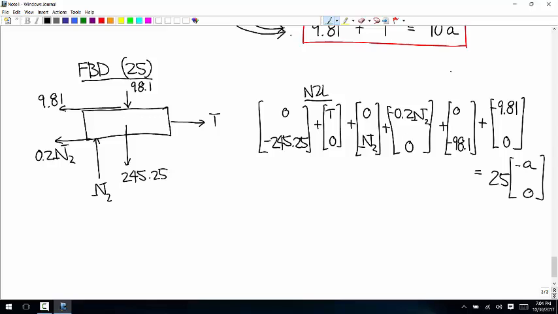Okay, so then the x equation says T minus 0.2 N2 minus 9.81 is equal to negative 25a.